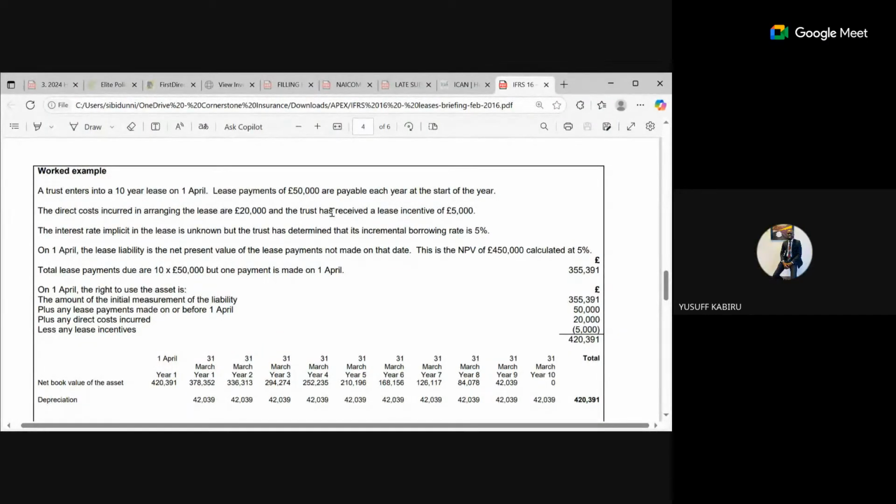Discount factor for 1 year at 5%. No, we will be taking it yearly now. I think we have 0.9552 for year one. Multiply by 450. No, it will not be for any year, just do 1 year.